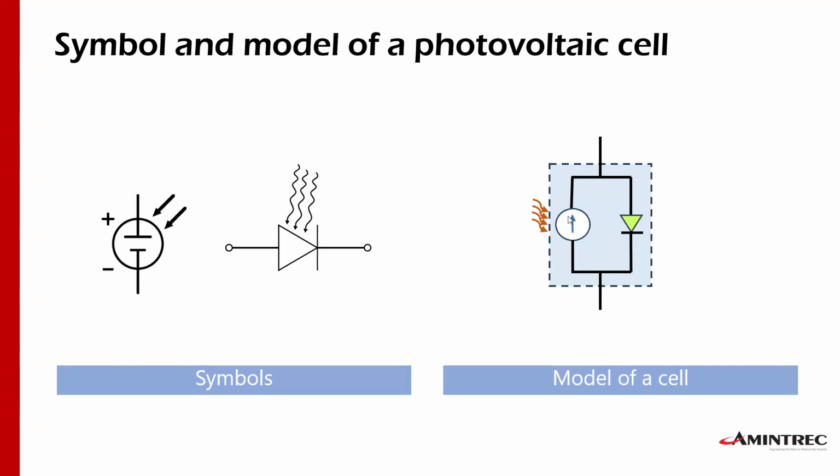This circle over here with an arrow is a current supply, okay? Not a voltage supply. This is a current supply. And this is a diode. So this will model a photovoltaic cell.